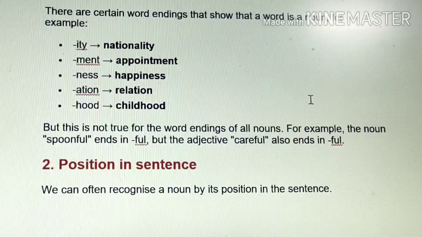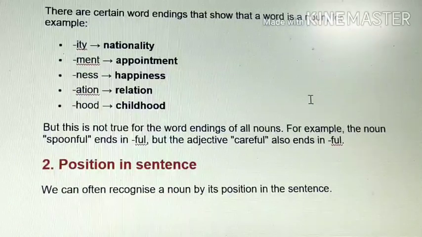So you can see ITY, MENT, NESS, ATION, HOOD. These are the endings of a particular word, and this shows that those particular words are nouns.